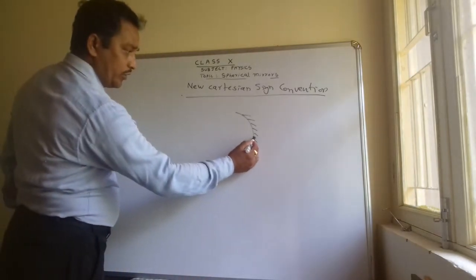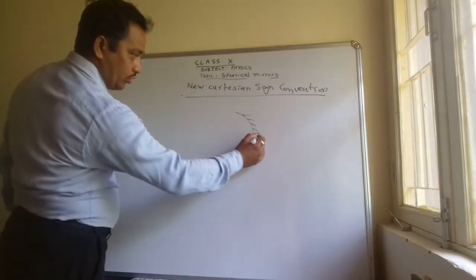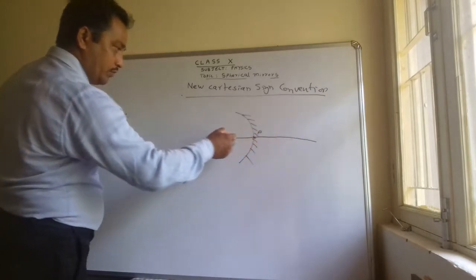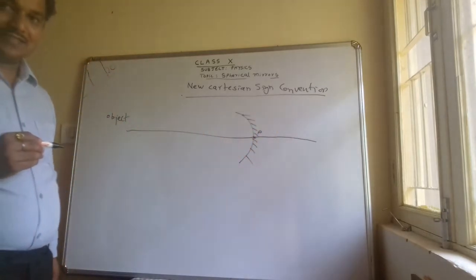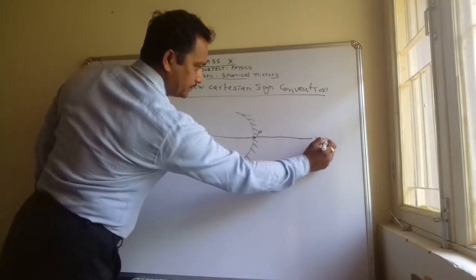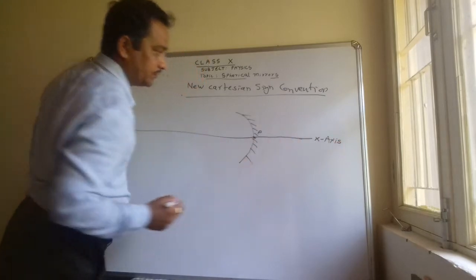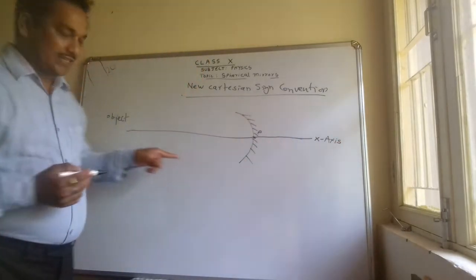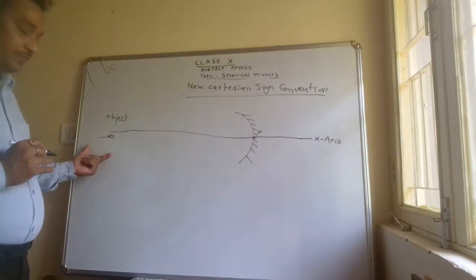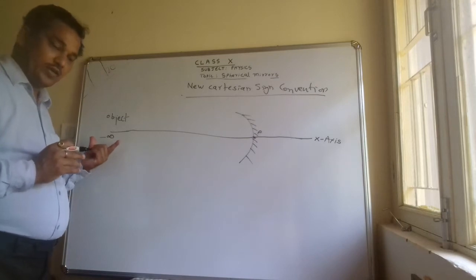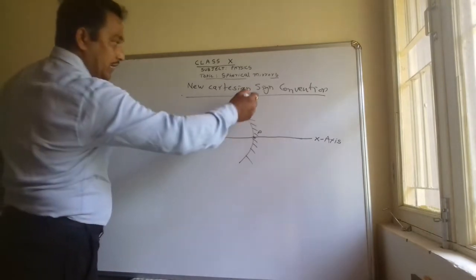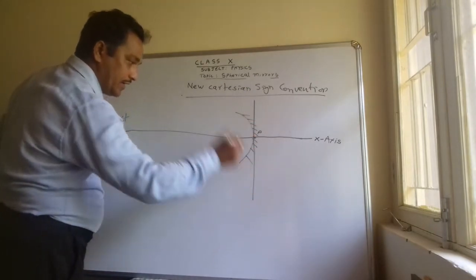We will take the midpoint of this mirror as the pole. This is called the pole, and we will draw one line passing through the pole. So this will become the x-axis, as you have studied in mathematics, and we know physics is applied mathematics. So this is the x-axis and this is the negative x-axis, up to minus infinity. Okay, and there it is the positive x-axis up to positive infinity, and this will be the y-axis. Correct?